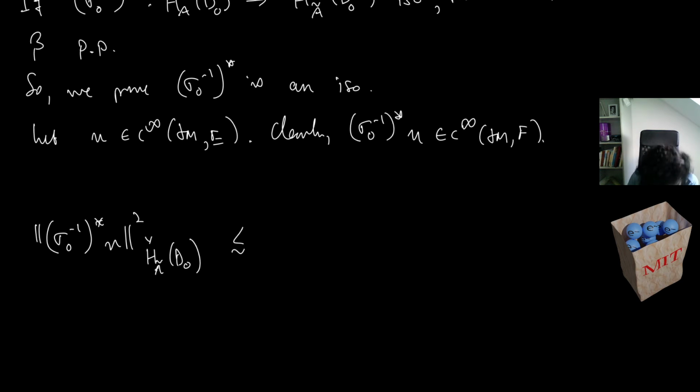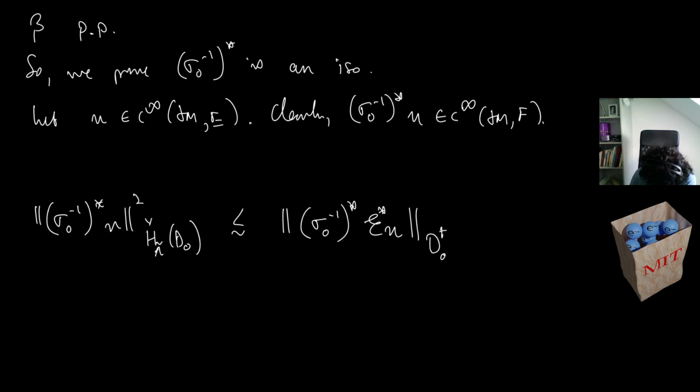So we now estimate this. Remember from last time, we can extend, so we have the following estimate. This is the lemma. Sorry, this is E star. So we're applying the lemma here to the operator D formal adjoint, right?